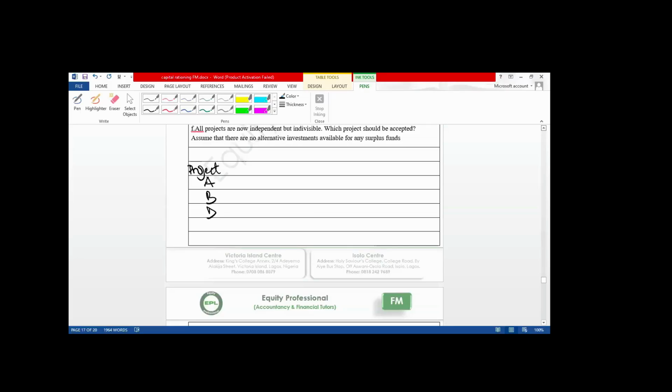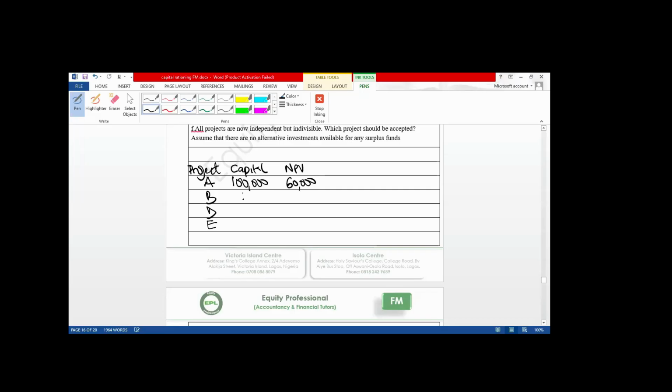And project E. So you are going to pick all the projects with positive NPV. Here, capital 100,000, NPV 60,000 positive.